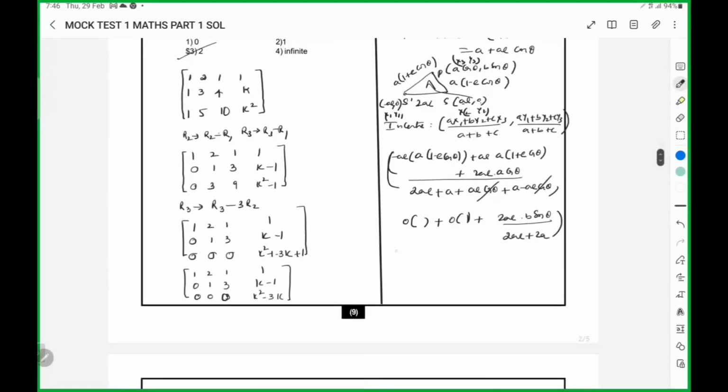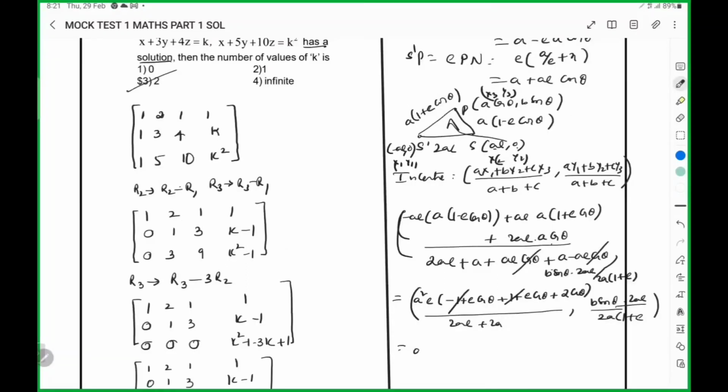So now here, the numerator is A squared E times 2E cos theta plus 2 cos theta, divided by 2A into, here 2A gets cancelled.